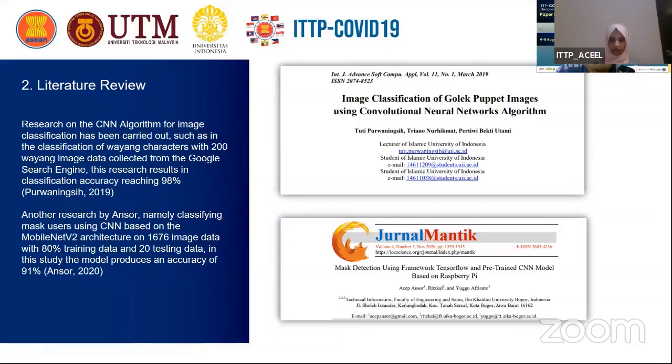Another research classified mask users using CNN based on the MobileNet architecture. In this study, they had 1,076 image data with 90% training data and 10% testing data. The model produced an accuracy of 91%.